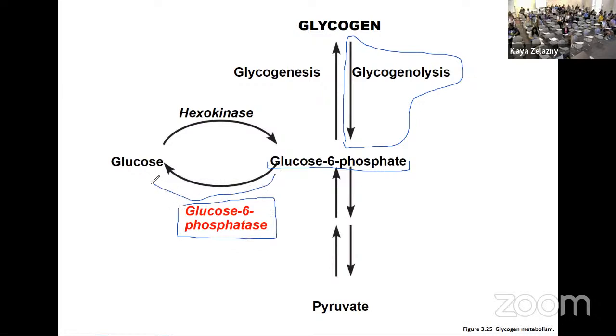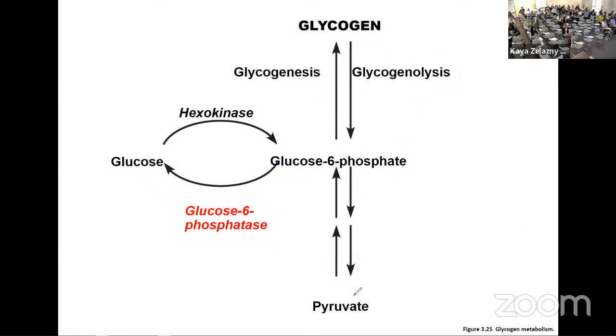So here, essentially we broke down a glycogen molecule and got a glucose molecule out of it. But you may know that you could also have started at the bottom here. You could start with getting that from some other place, right? So pyruvate. You could also turn pyruvate into glucose 6-phosphate. And then you could also turn that into glucose. Okay.